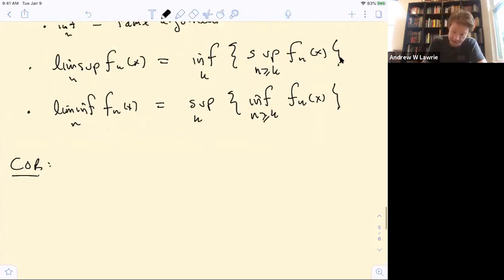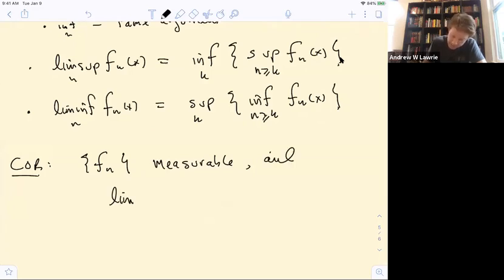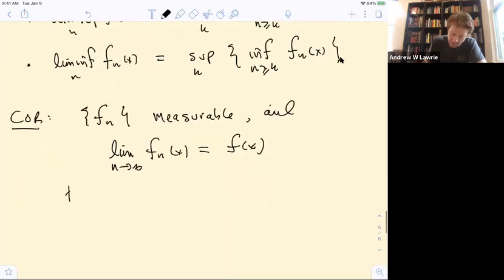So the corollary is, if you have a sequence of measurable functions fn that are all measurable, and they converge pointwise to some function f of x, then f is also measurable.